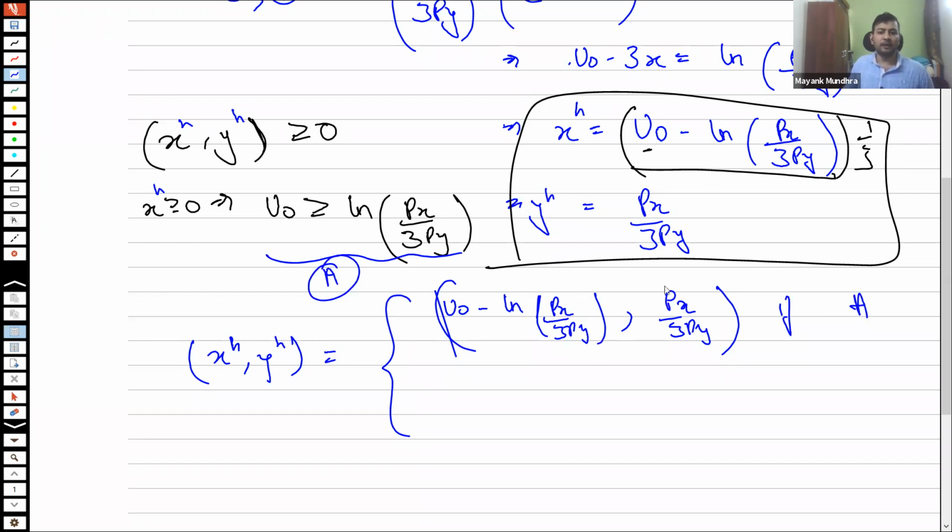Okay, what happens if A is not true, if this condition is the reverse? If u naught is less than this thing, what happens in this case?